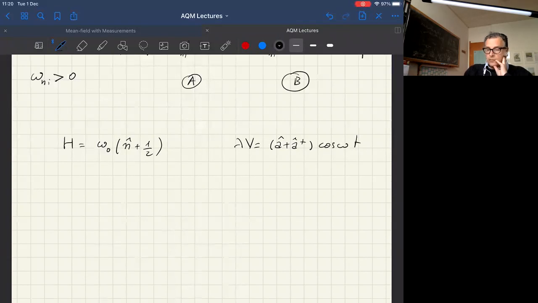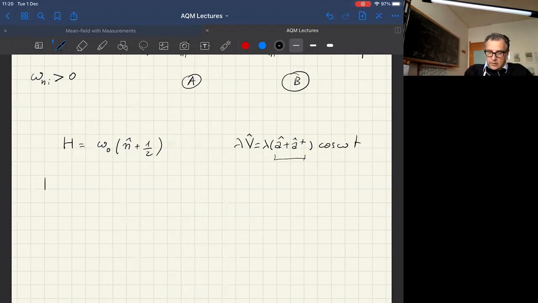I just put some coefficient lambda. You see that the perturbation has some operator part, which is time independent, which is important in determining what transitions are allowed and which transitions are not allowed.